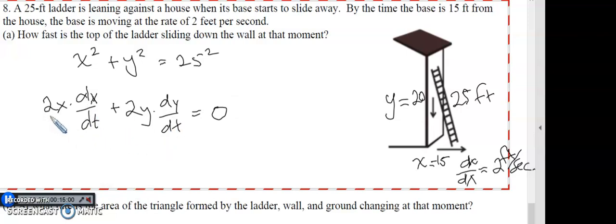Now you have x equals 15, so you have 2 times 15. Now, dx/dt, by the way, that's feet. So we have 15 feet. We have 2 feet per second.